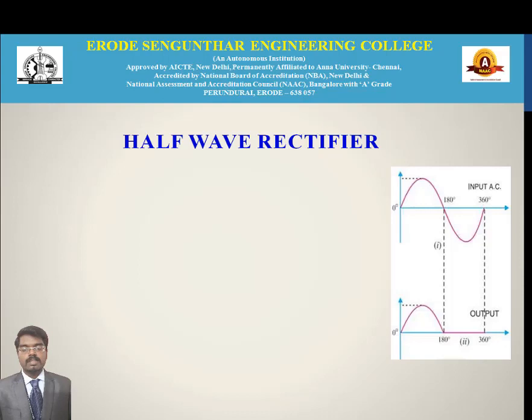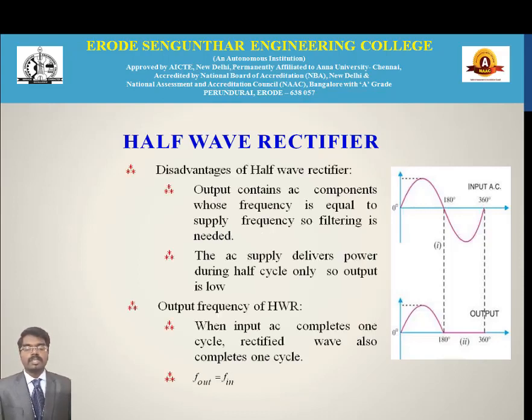On seeing the disadvantages of the half-wave rectifier, the output contains AC components whose frequency is equal to the supply frequency, so proper filtering is needed. Since there was no conduction during the negative half cycle at the output, the power delivered to the load is very less.